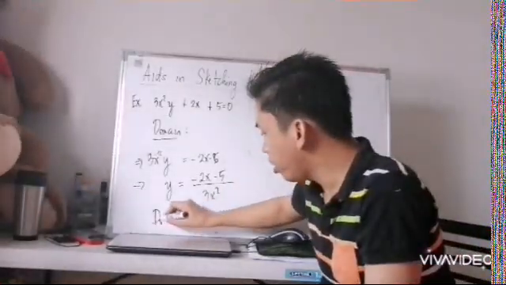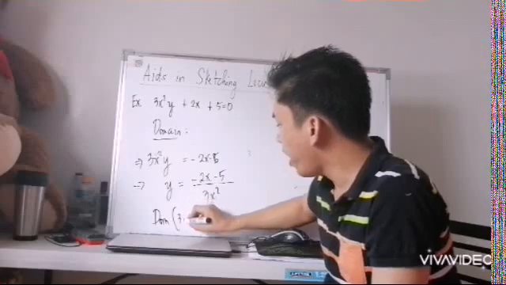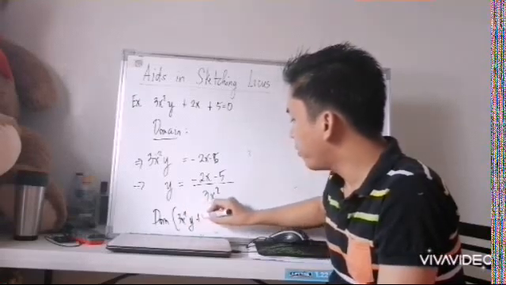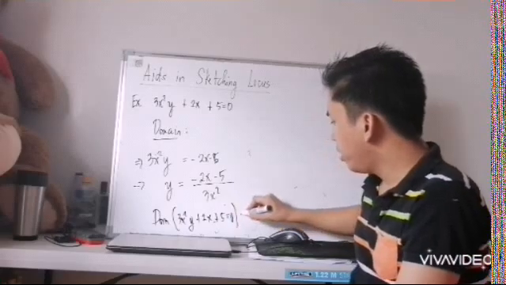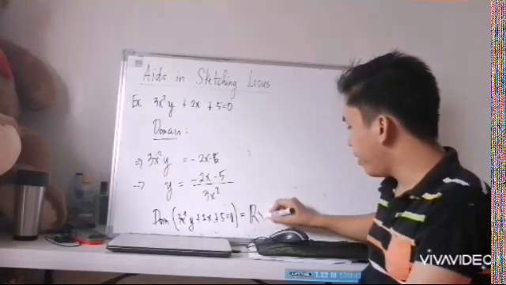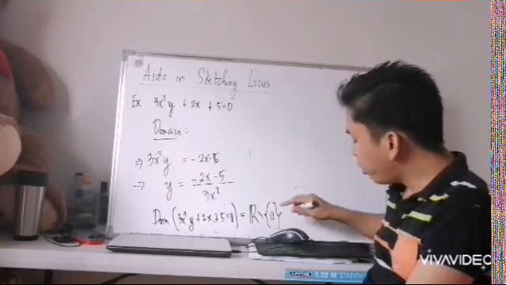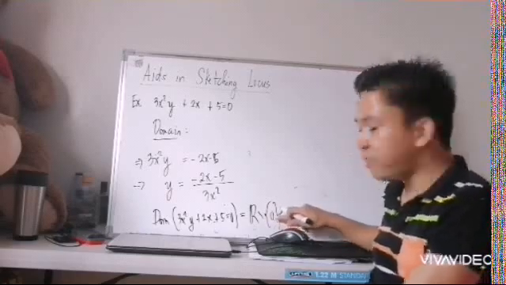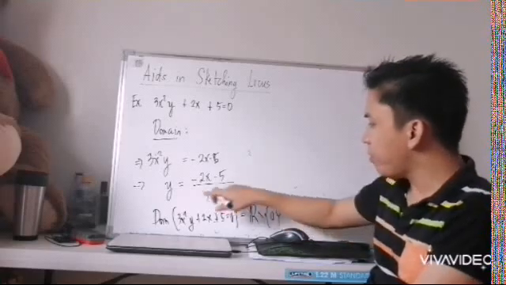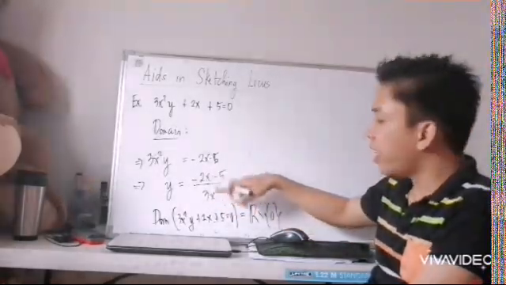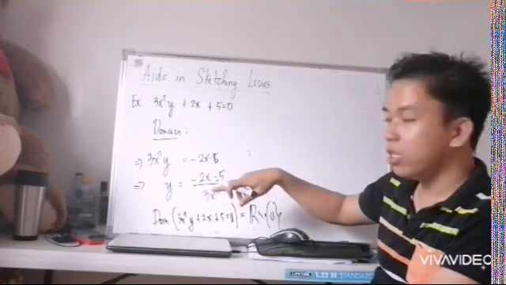Therefore, our domain of 3x squared y plus 2x plus 5 equals 0 is the set of real numbers except 0. Why? Because we have to exclude this 0. Remember that if we use 0 here, it becomes 0 here, so the entire expression becomes undefined.